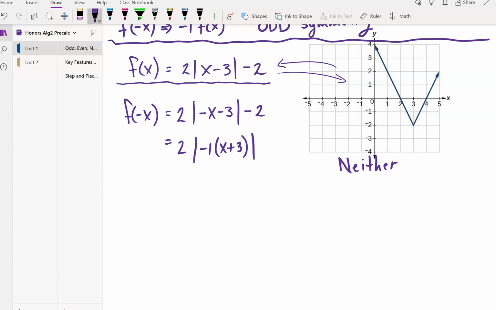And I know what happens with my absolute value functions is any negative value would actually become positive. And if I continue along that line of thinking, then I am left with an x plus 3 in my absolute value as I take the absolute value of a -1 and just get 1.